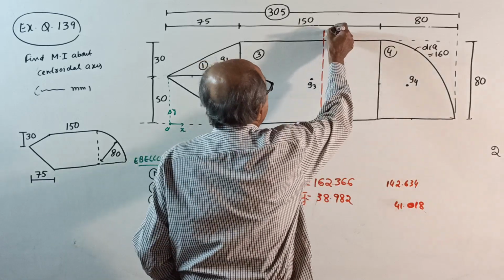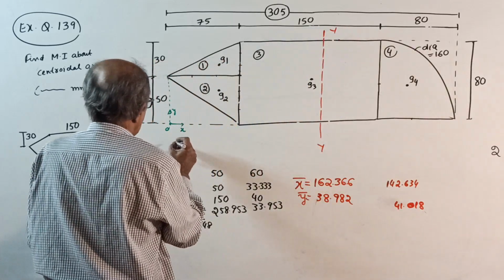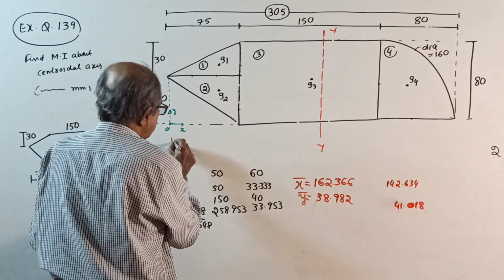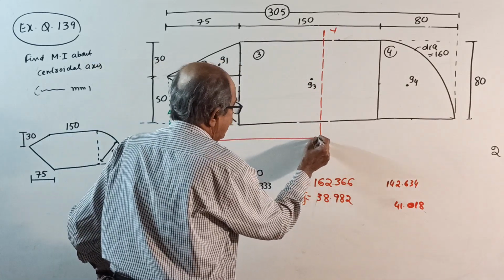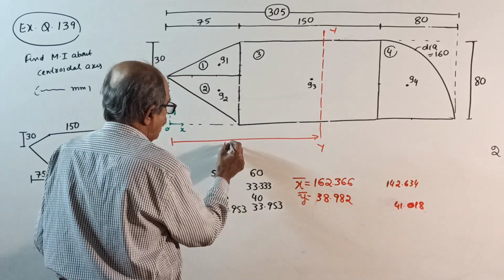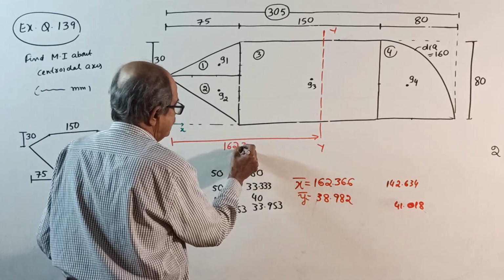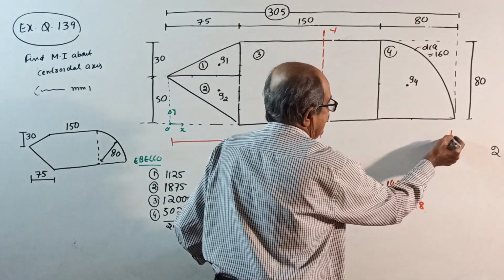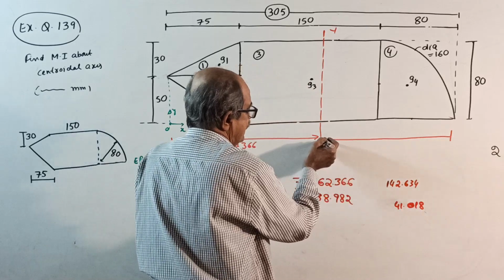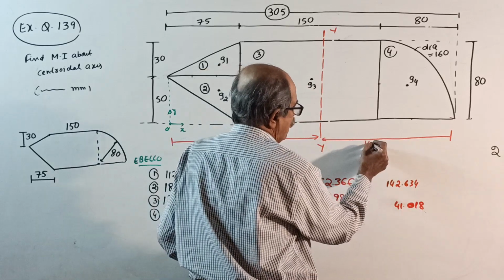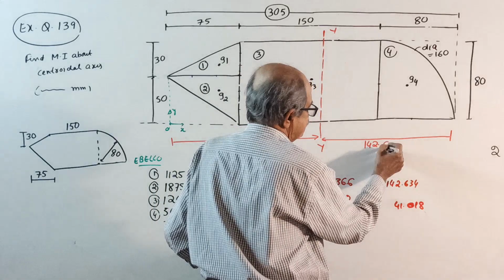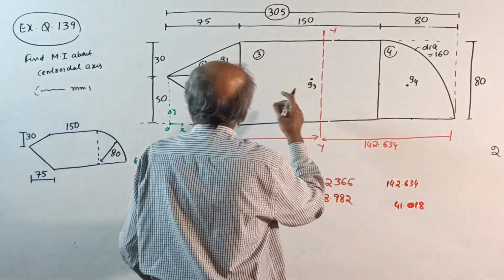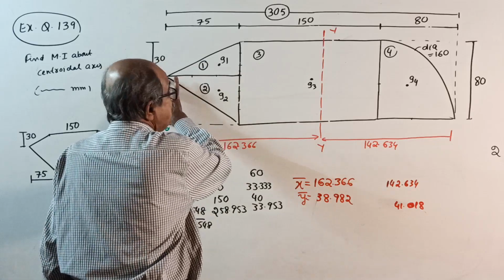The x bar value is used to locate the YY axis. I have told thousands of times. 162.366. Then from this extreme end here it is 142.634. Some will be wondering, sir, how did you get this 50?